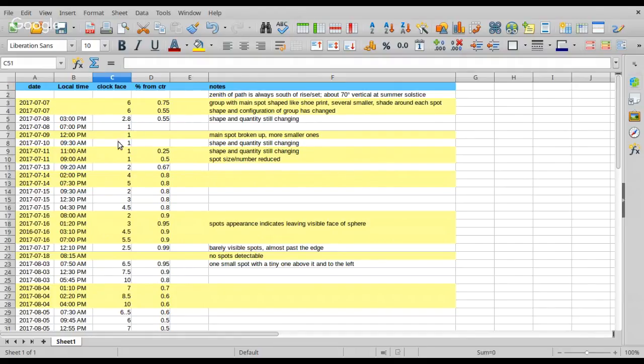And the color differences are for different days. So this was one day. I only looked at it twice, and it stayed about 6 o'clock and didn't move a whole lot laterally, I would say, between the edge of the clock face and the center. The next day, it was at 3 p.m. local time, which, we're in daylight savings time, or summertime.